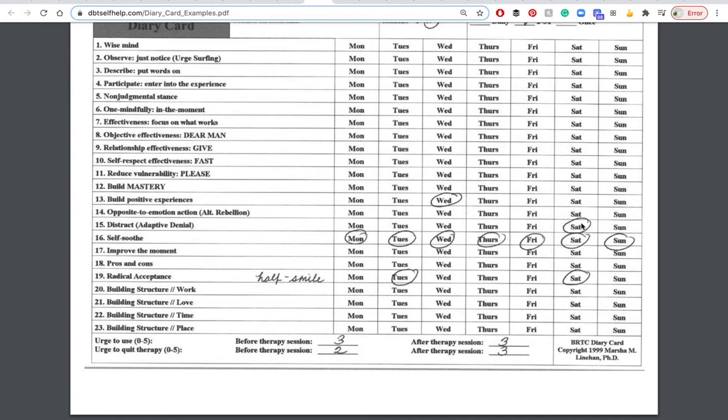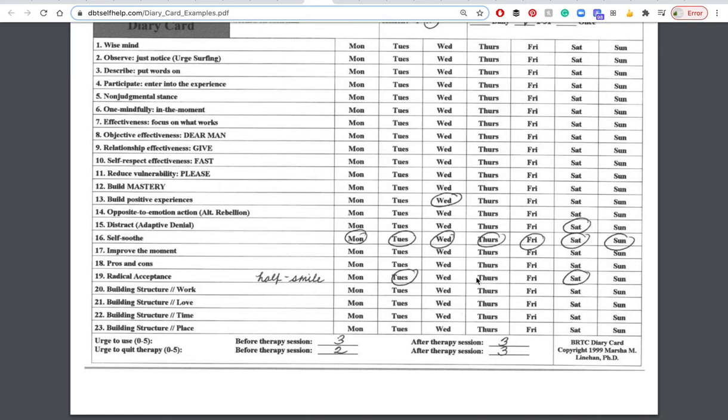Was there something distressing that the skills were needed for, or was this a day that somebody was maybe not working, because they work 9 to 5, Monday to Friday, and was able to be skillful, able to focus on radically accepting, self-soothing, and distracting.